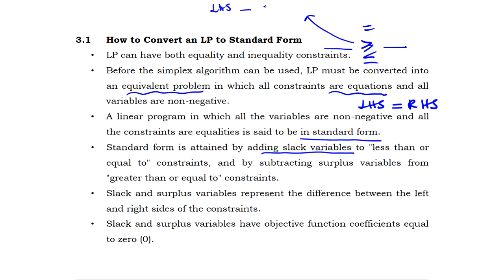And for less than or equal to, the left hand side is less than the right hand side. Therefore, in order to make it an equation, we need to add a slack variable to the left hand side.